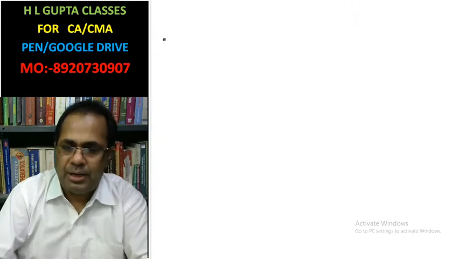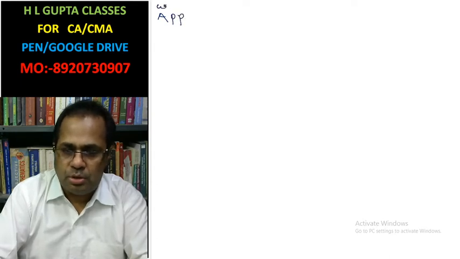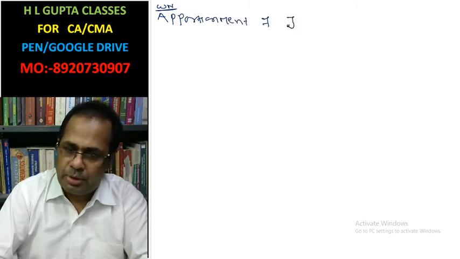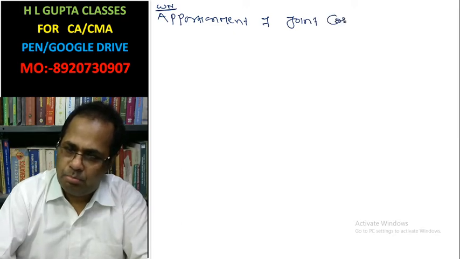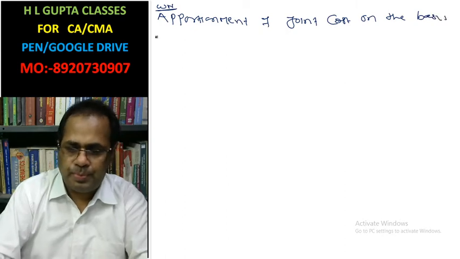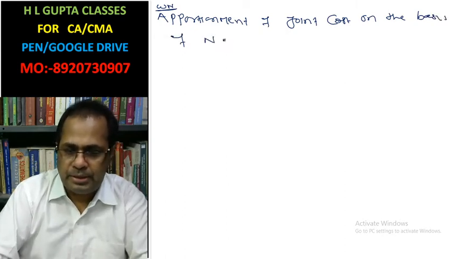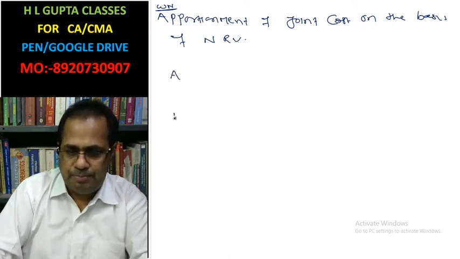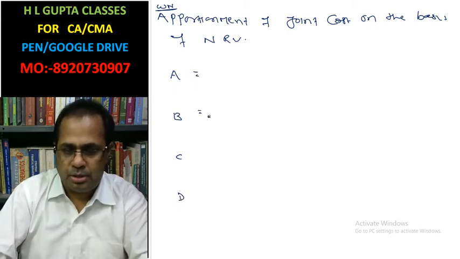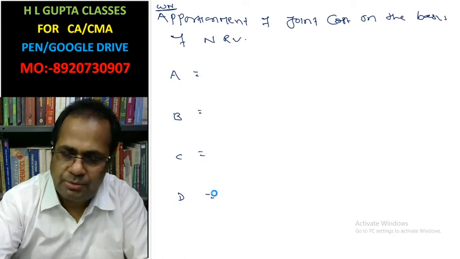So here is the allocation, the apportionment of joint cost; I am going to do a working note here. Apportionment of joint cost on the basis of net realizable value for A, B, C, D. What is the joint cost you have?